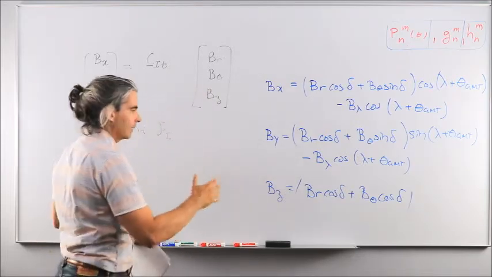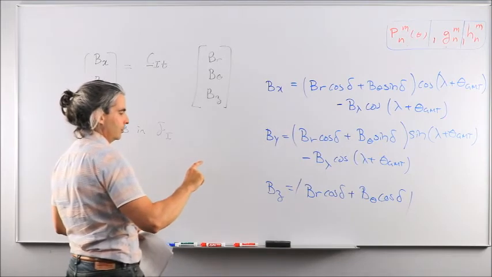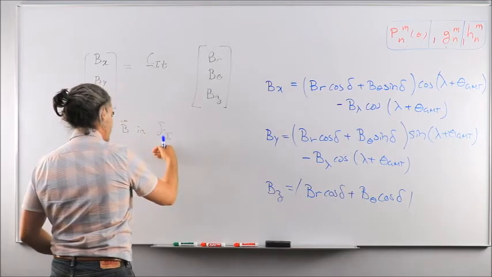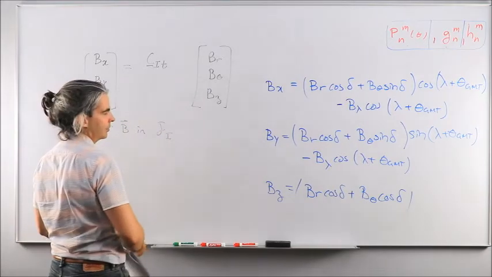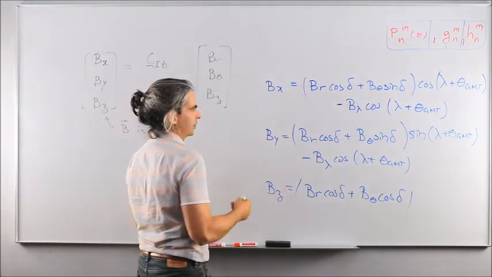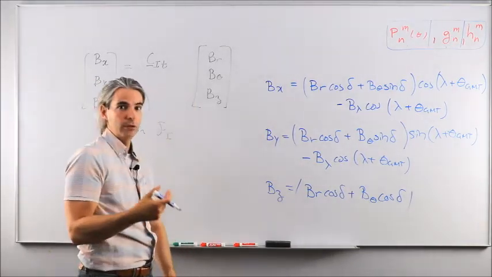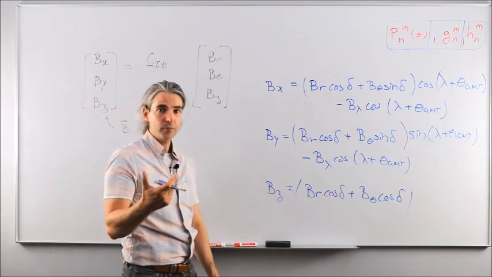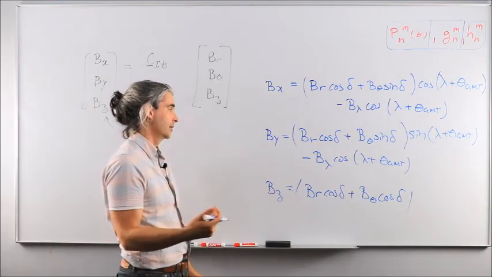But we're going to leave that to a little bit later today, because the objective of the different models I'm going to present you will be first to obtain the field in ECI, and then it's going to be up to you to select the model that you want to use to model the magnetic field of the Earth in ECI.